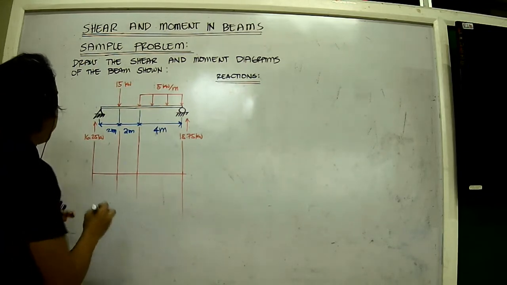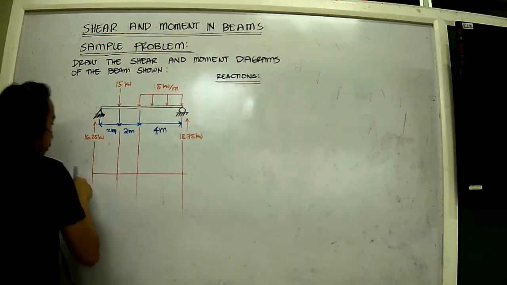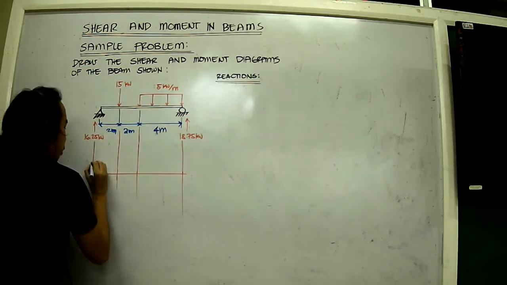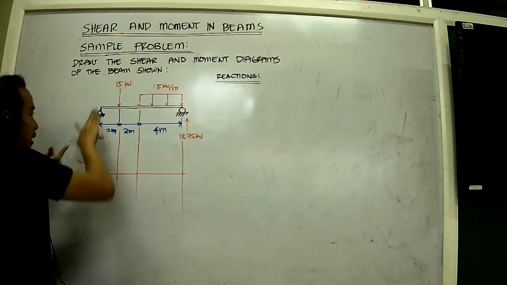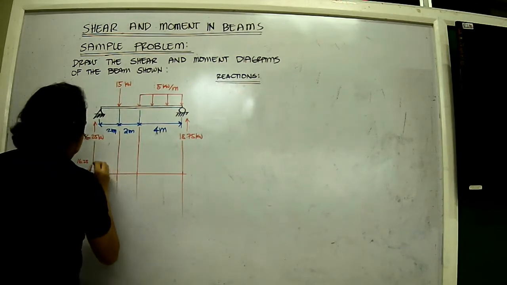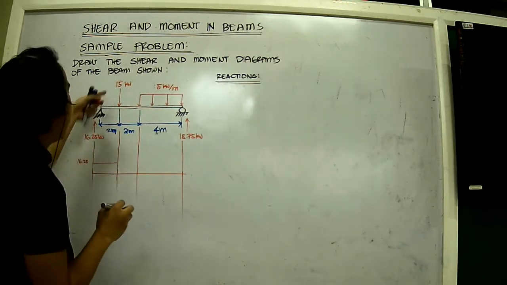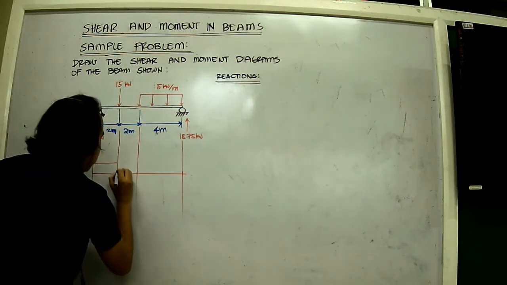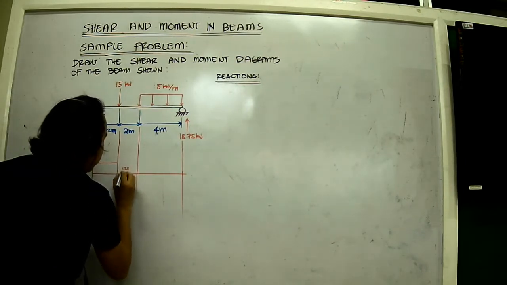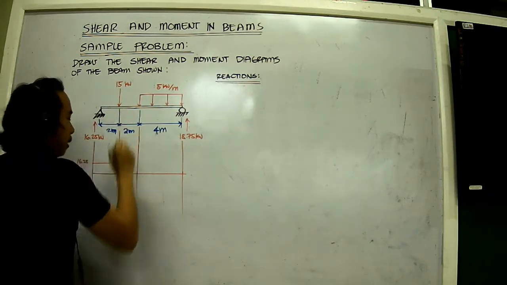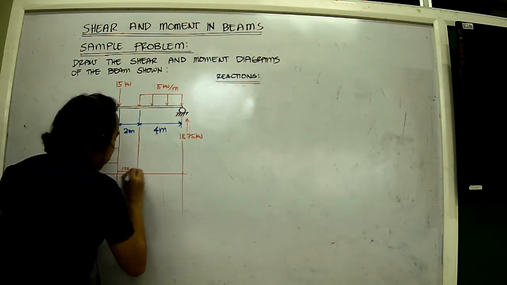Now, 16.25. From 0, it jumps up by 16.25. There's no load here, so it just runs across smoothly. Now, minus 15, this should be equal to 1.25.